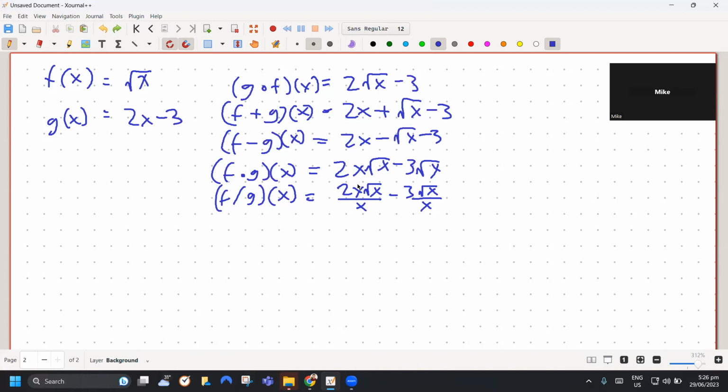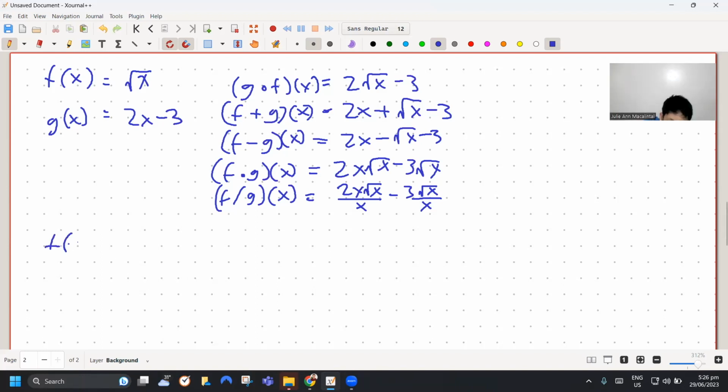Okay. Ngayon, pag-usapan lang natin yung domains, no? Okay. So let's look at a simple example. Let f of x be equal to x minus 1. Let g of x be equal to x minus 1.